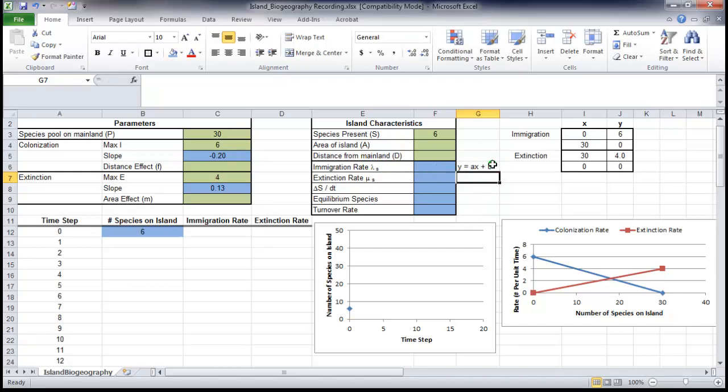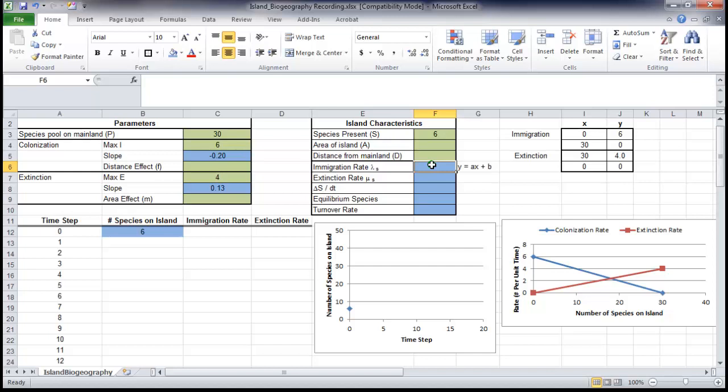So the intercept, b, this is the immigration rate or the colonization rate, is given by the number 6. And then we need to multiply the slope, which is given by a, right here, times the number of species that are currently present. So we'll be entering this equation.